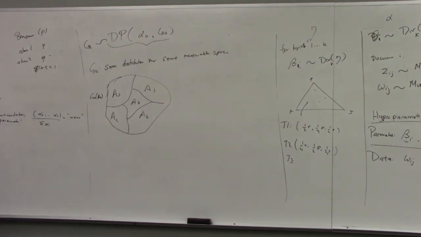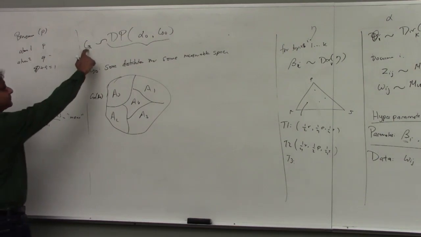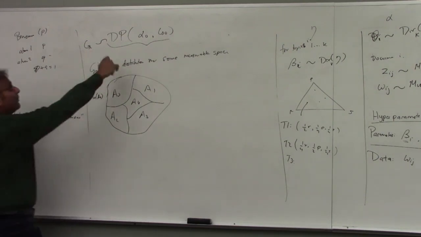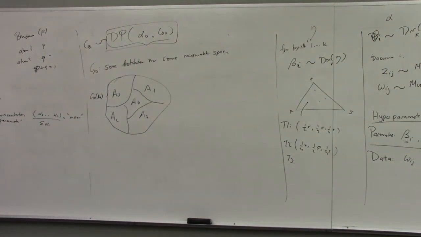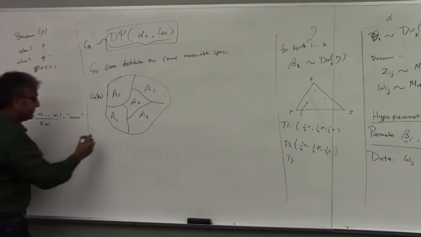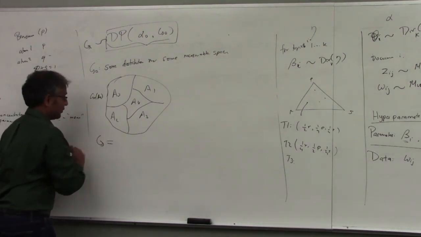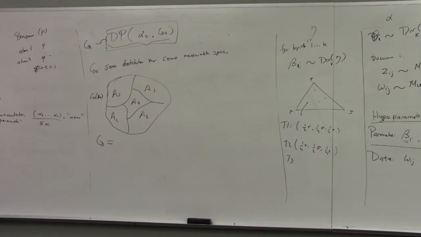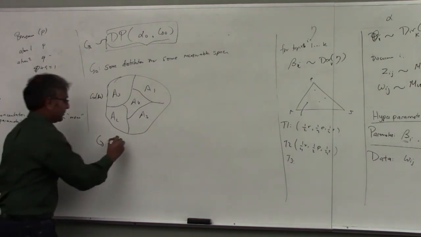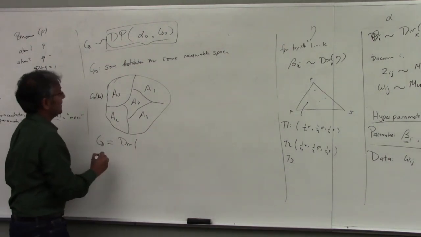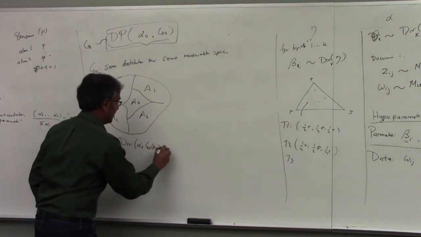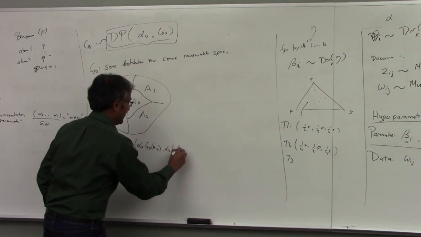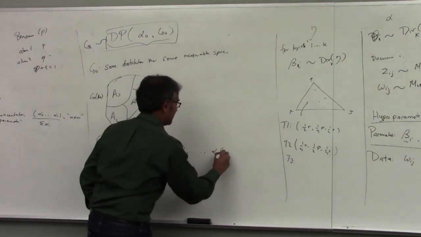So what I want is that if I sample G from this black box that I haven't described to you yet, the property that it must satisfy is that G should look like a Dirichlet distribution, the finite dimensional one, with these parameters: alpha 0 G0(A0), alpha 0 G0(A1), alpha 0 G0.